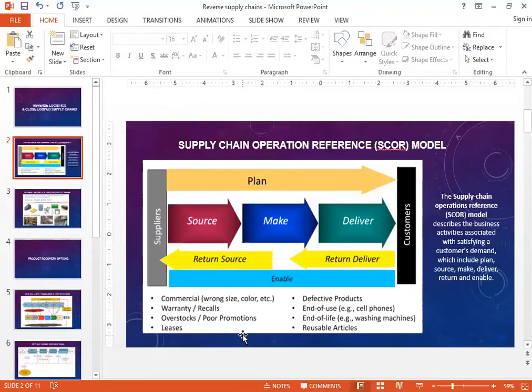So as we can see, there are many, many reasons because of which goods are many times being returned to the company that originally sold them. And so, the company first plans, then actually makes the goods, sells them, but then those goods are actually returning back. And this is called reverse logistics.